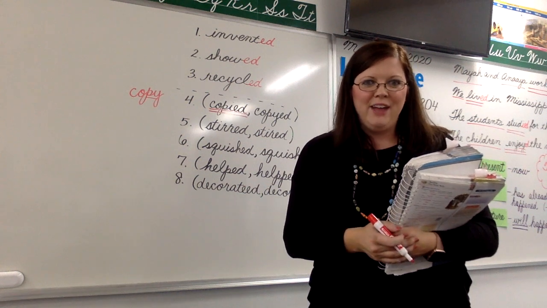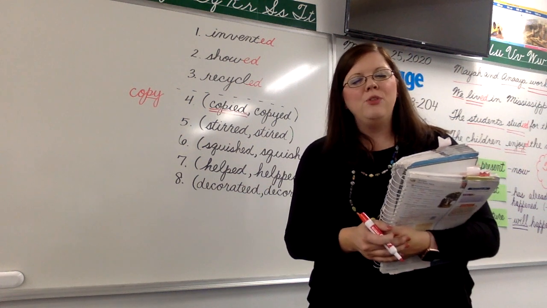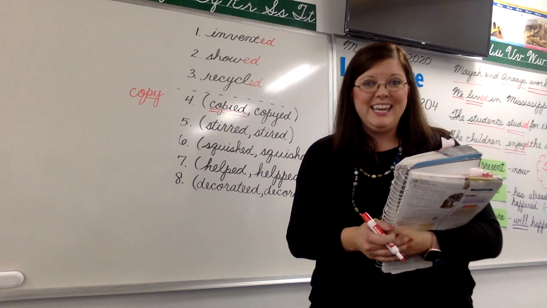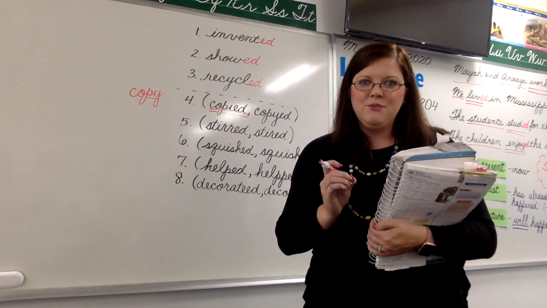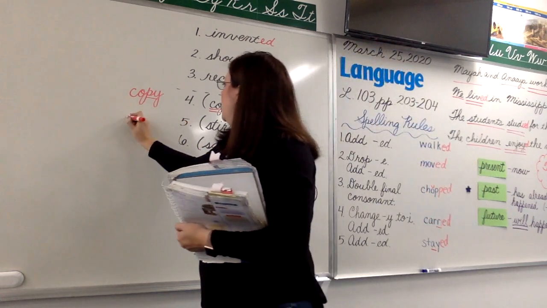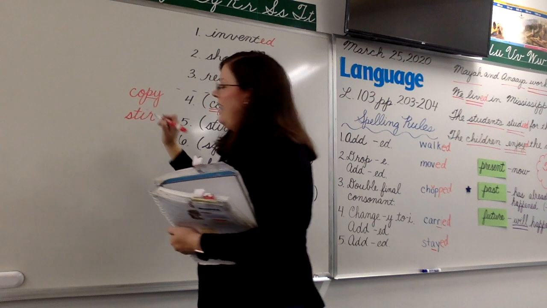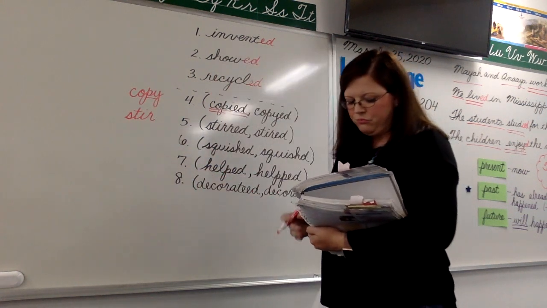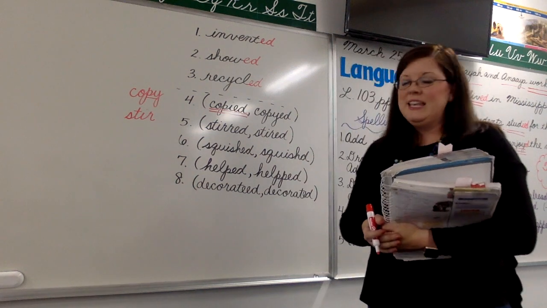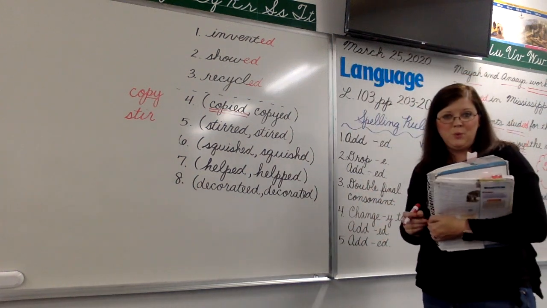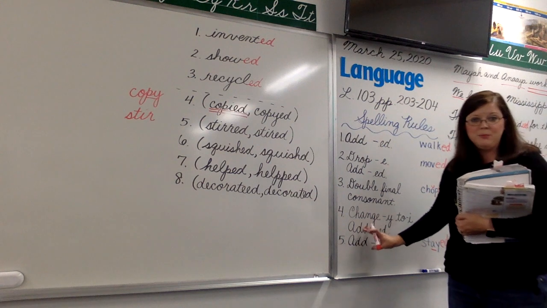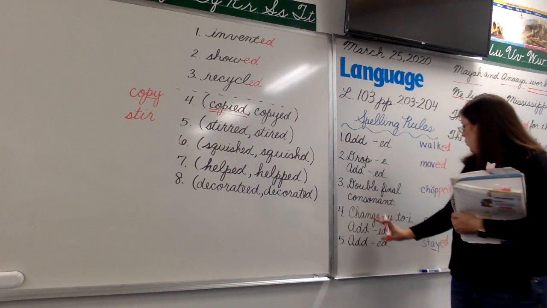Let's look at number 5. Think about how the word is spelled originally in its present tense form. Stir. I like to think of that first. Stir. Now, that is a very short word. It doesn't end with a Y, so I'm not using my Y rules.